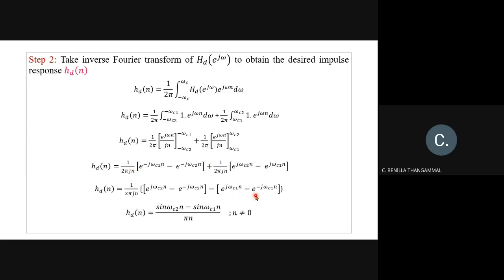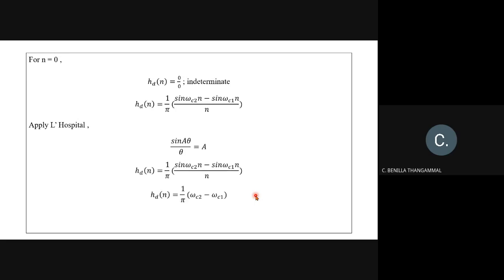So your Hd of n is nothing but sine omega c2 n minus sine omega c1 n divided by pi n for n not equal to 0. For n equal to 0, your Hd of n becomes 0 by 0, which is an indeterminate form. So apply L'Hospital's rule, sine a theta by theta is equal to a. So your Hd of n is equal to omega c2 minus omega c1 divided by pi, for n equal to 0.